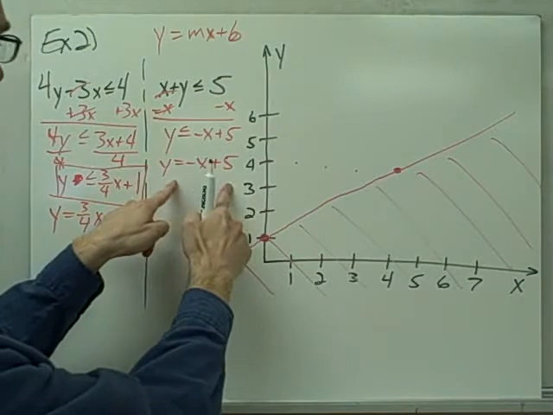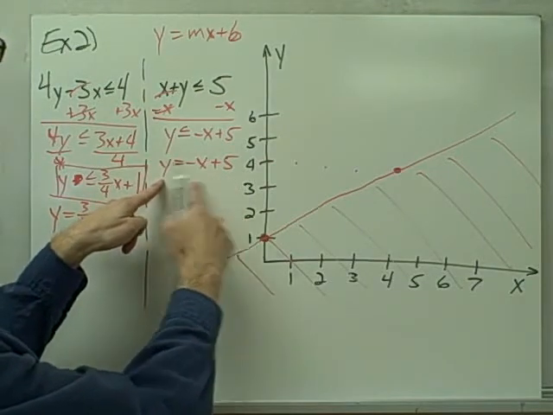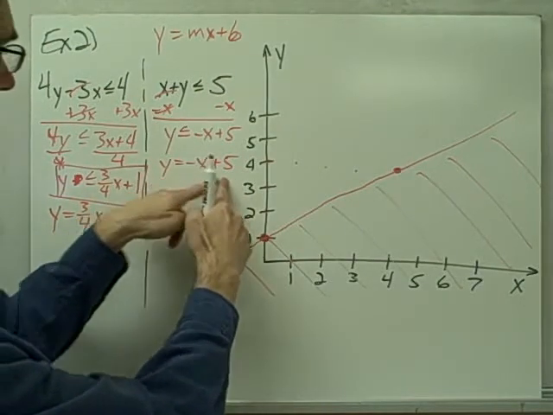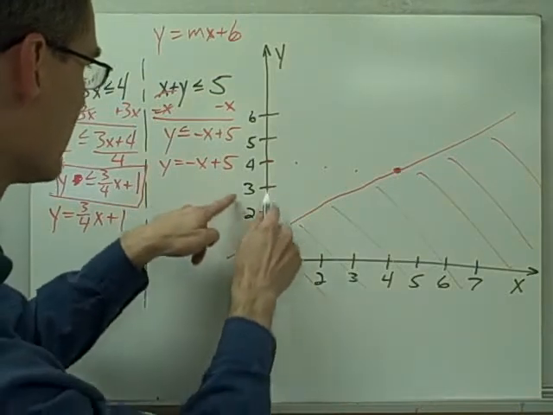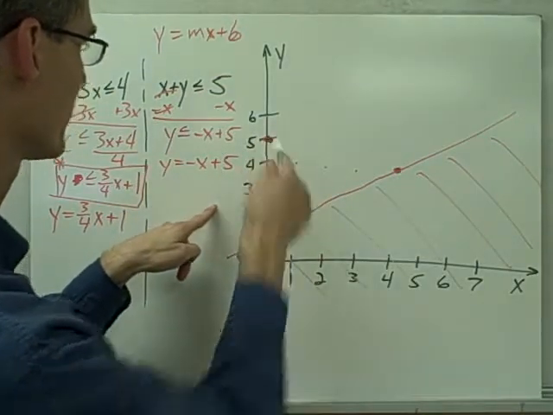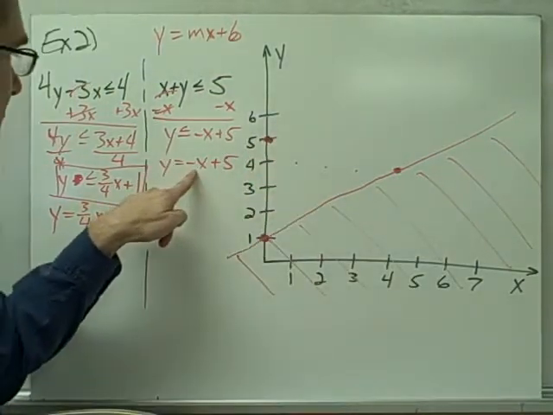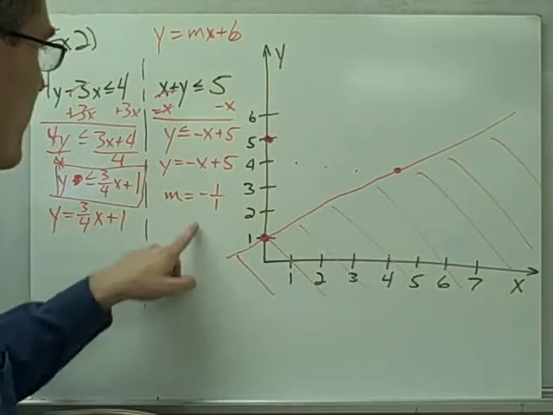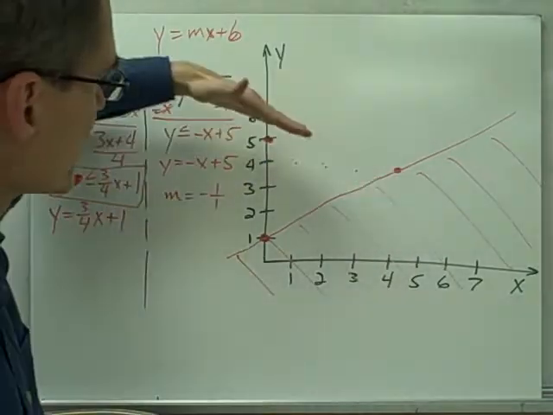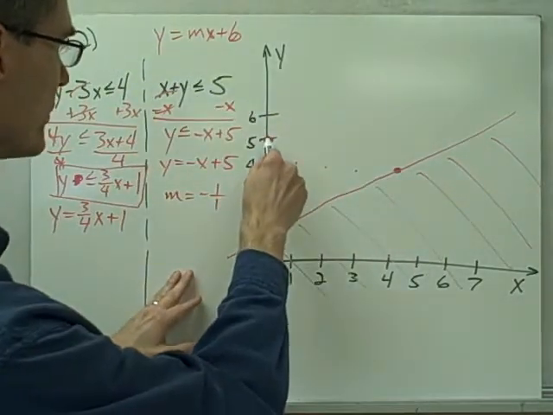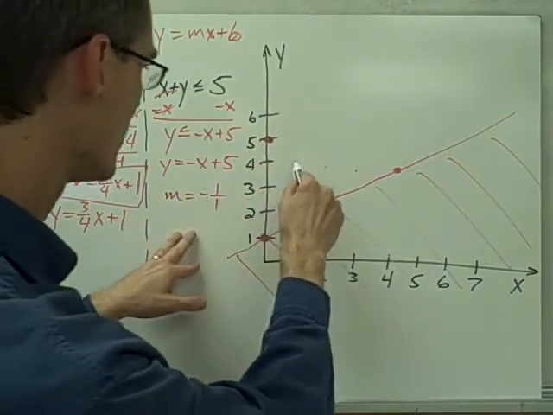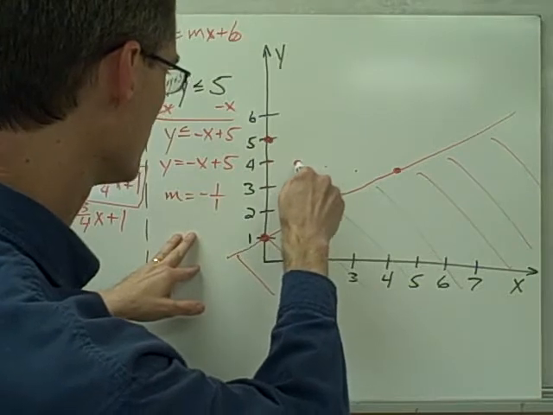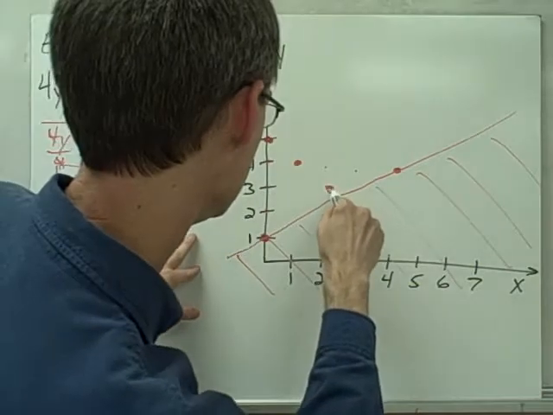Okay, let's do the same thing here. My y-intercept for this equation is y equals 5. So here's this point right here. Now on this one, my slope is negative 1, or negative 1 over 1. So this line is going to be going down. From this point, I go down 1 and over 1. There's a point. Down 1 and over 1.